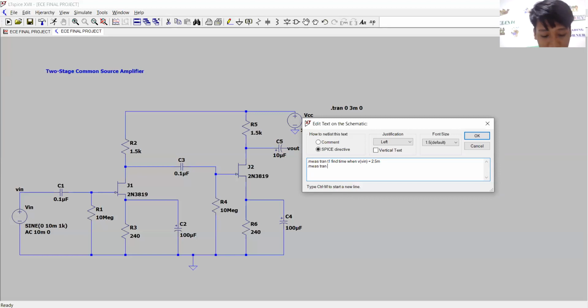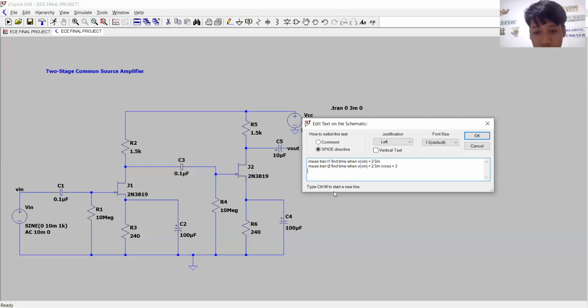Measure run T2, find time when V in is equal to 2.5 M, cross. This is where it goes different.